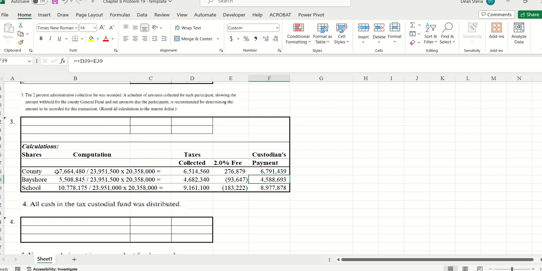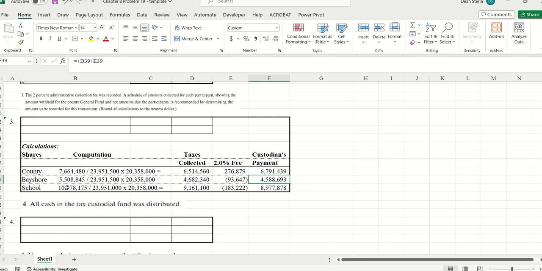So it tells us how much each entity levied these amounts. So the 7,664,480, you can go up to the first one, and it says 7,664,480. Okay.